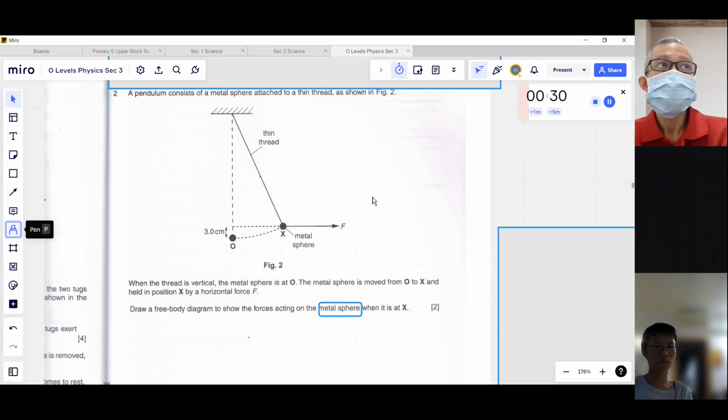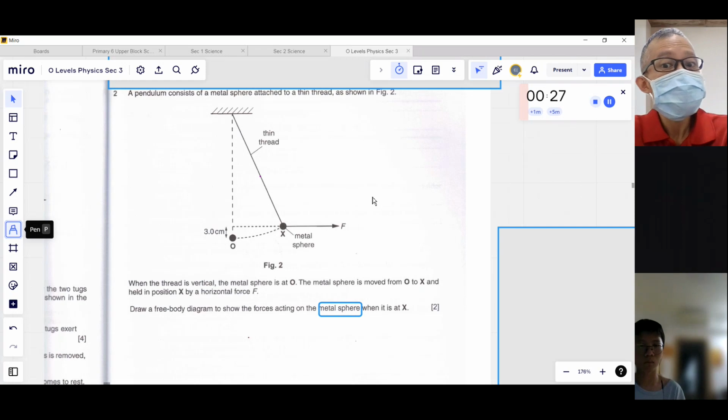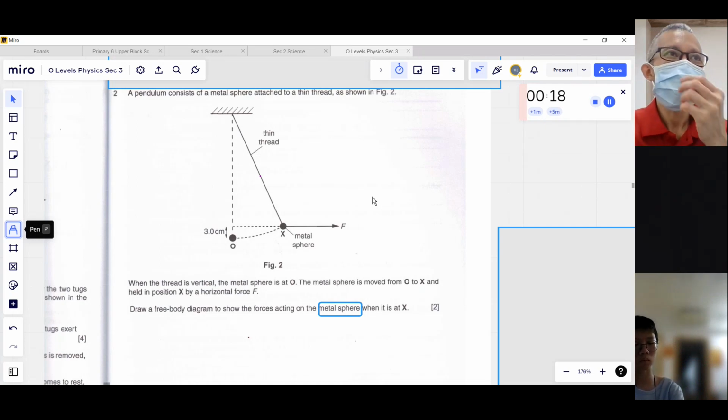And for some of the forces, for example, when you have a thin thread, where is the force acting? These are basic stuff that you really need to know.